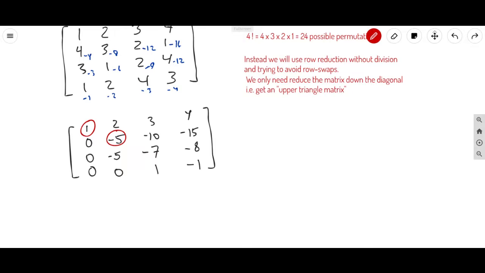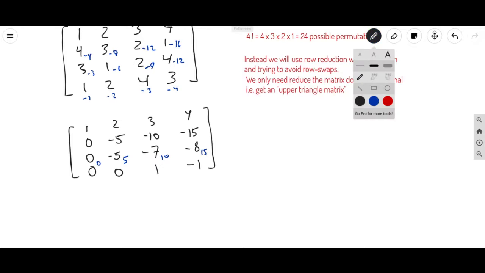Okay, so we want to turn this into a 0. So we just add this in. So you're going to add the negative of that row. That would be 10. This would be 15.